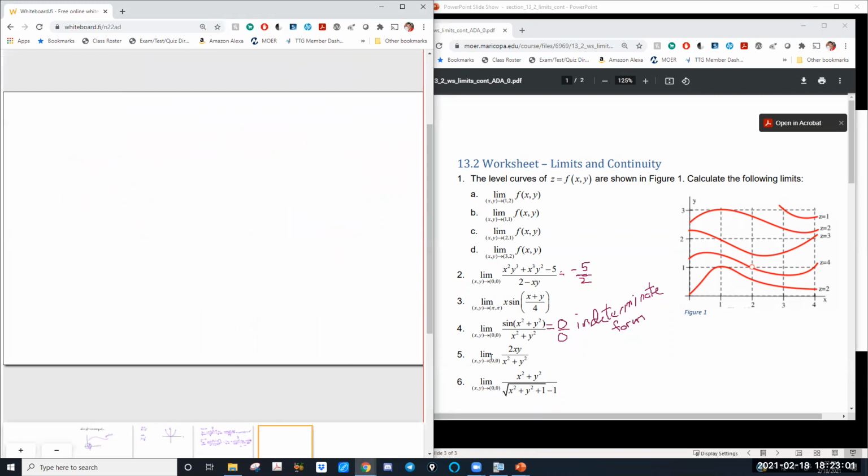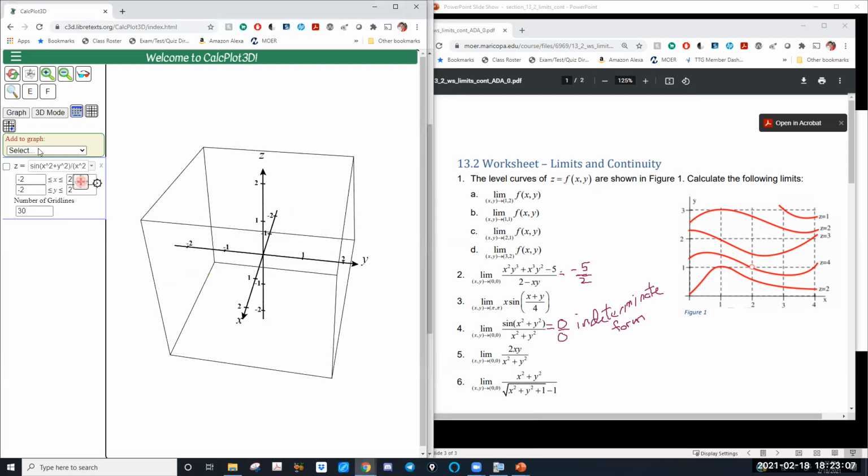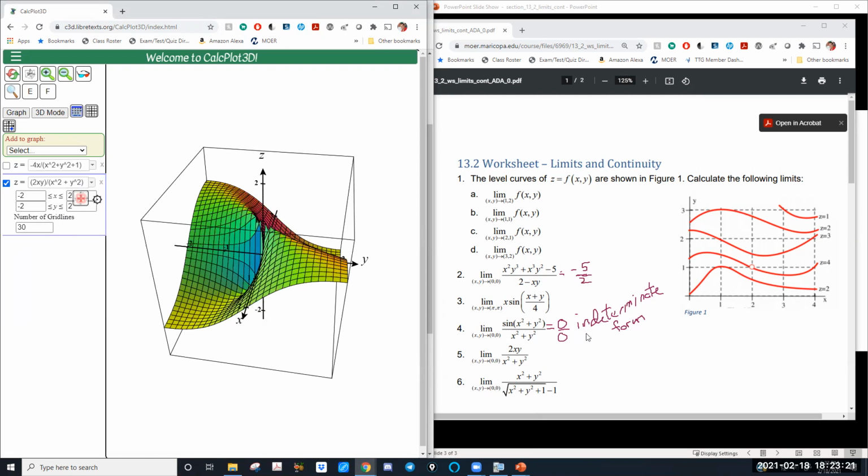Let's do one where it doesn't exist, number 5 here. So first off, let's look at the plot like we just did. We're going to plot 2xy over x squared plus y squared, and we're looking for the limit at 0, 0.